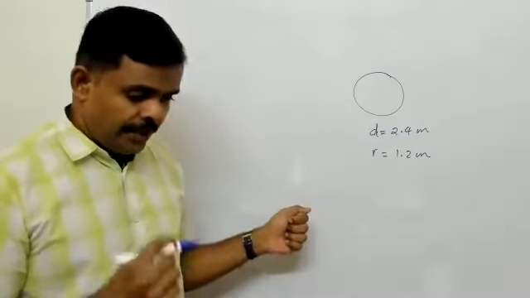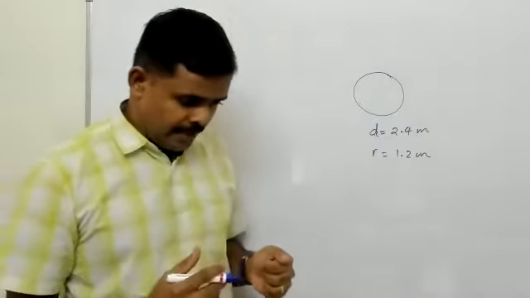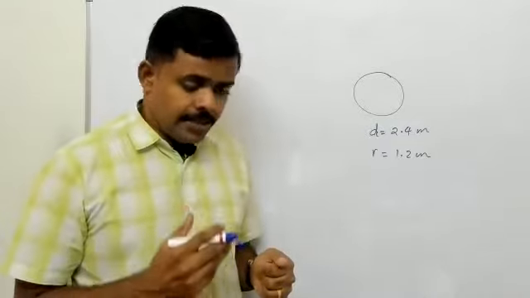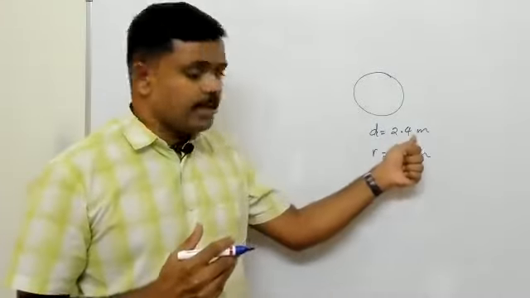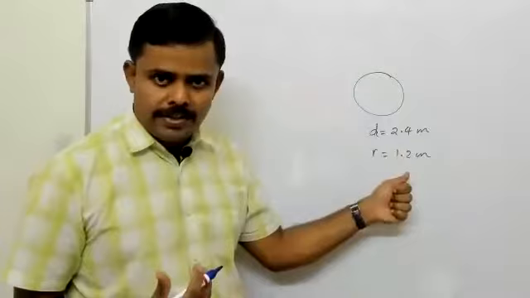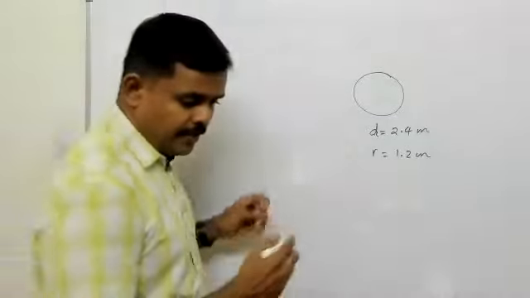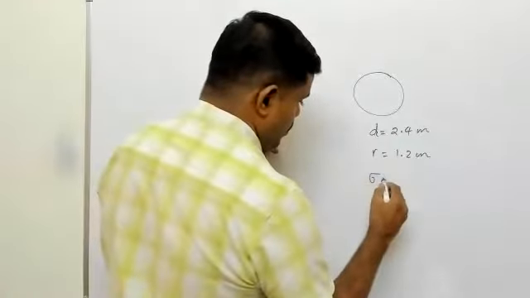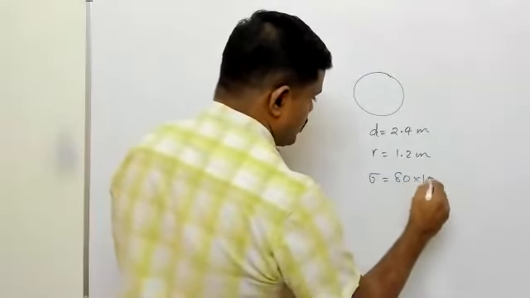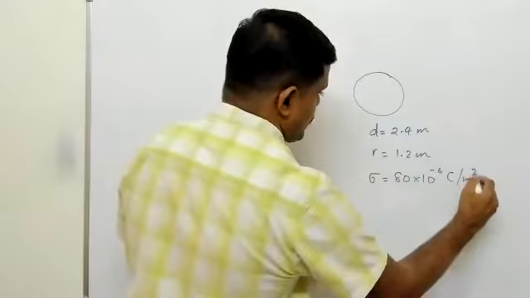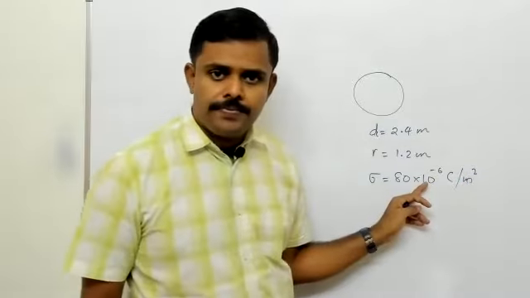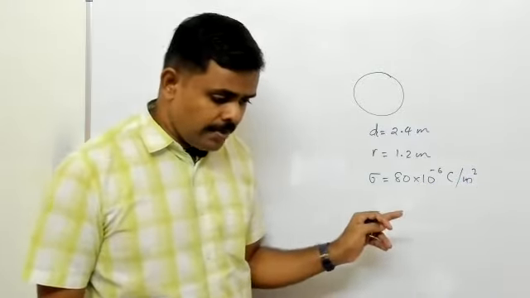Diameter is 2.4 means radius is half of it, 1.2. It has a surface charge density of 80 microcoulomb per meter square, that is 80 into 10 power minus 6 coulomb per meter square. Why 10 power minus 6? Because microcoulomb is mentioned there.